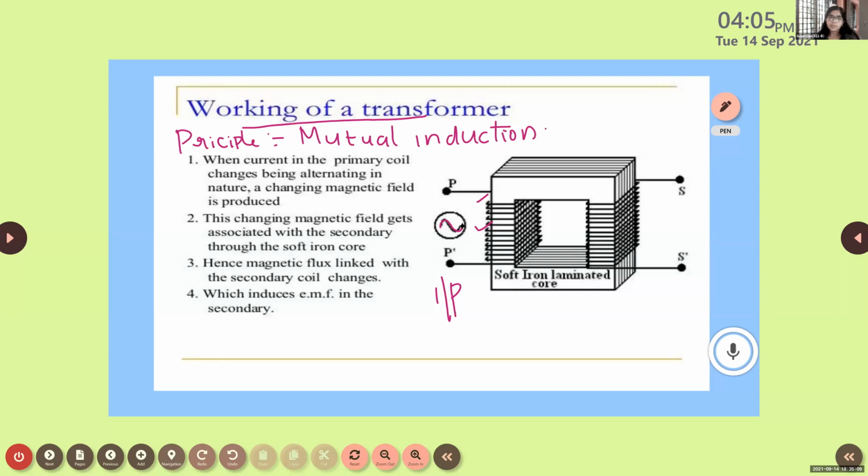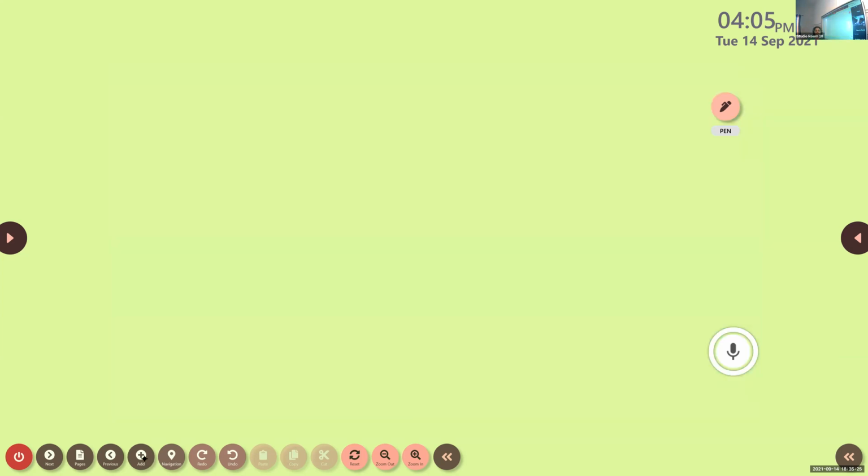Yes. Okay. So now we are going to derive the expression for the transformer. Write the next sentence. The magnetic flux associated with the primary coil is given by, or we can write, the magnetic flux can be calculated by phi is equal to, what is the equation for magnetic flux?